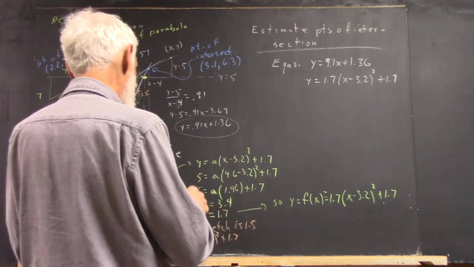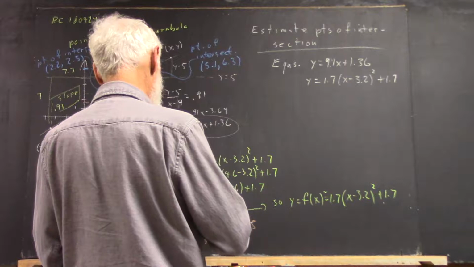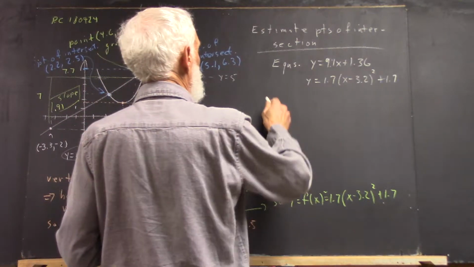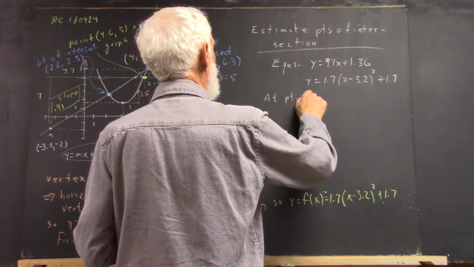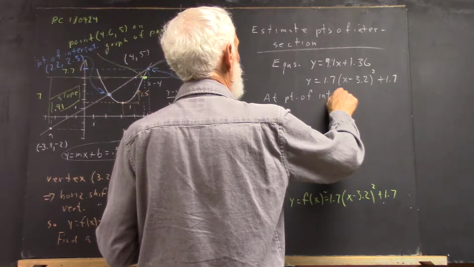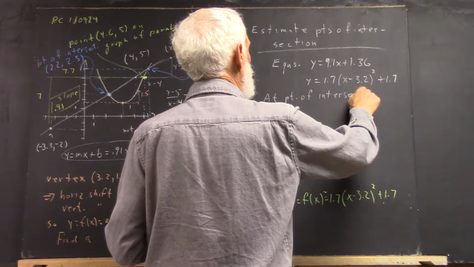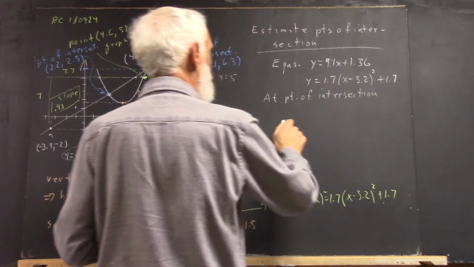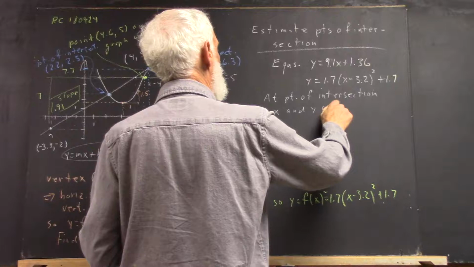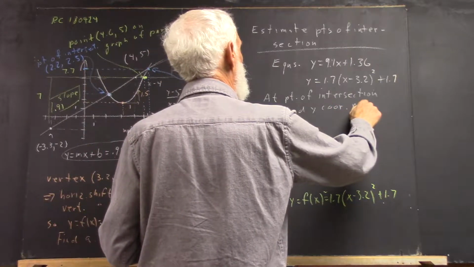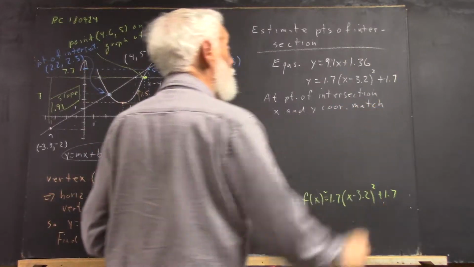Okay, so 9.1 x plus 1.3. Is that supposed to be 0.9? Yeah, it is. It's not 9.1, it's 0.9. At the point of intersection, the x and y coordinates both match, right?